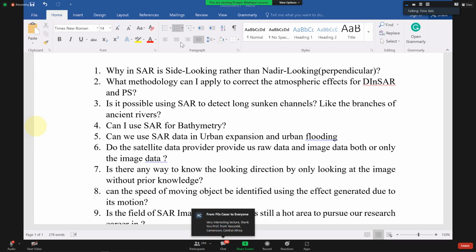Can we use SAR data in urban expansion, urban flooding? Yes, surely we can use SAR data for urban expansion. It's very common. For urban flooding, the answer is yes, but the problem is the water. As we typically identify calm water, it is black in the image. And in urban areas, you have the problem that the roads you're looking at are also black in the SAR image.